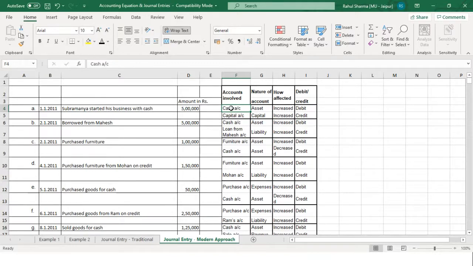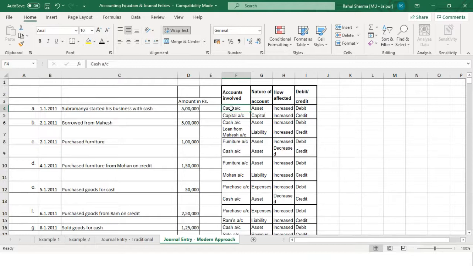Similarly, next transaction: I borrowed from Mahesh. What did we borrow? We borrowed cash, right? Cash is my asset or liability? Cash is my asset. Is it increasing or decreasing? Increasing. If you borrow, your cash increases. You take a home loan, a personal loan, you borrow from your friend or colleague, your cash increases. So when I borrow from Mahesh, my cash is increasing, and if cash increases, I debit it.